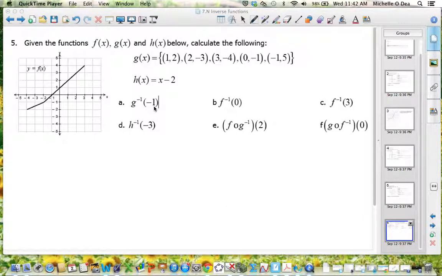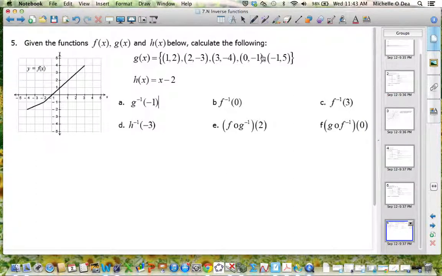So what you need to think about, we'll go to the g function. This is the original function, not the inverse function. And remember, because you swap the x's and y's, for the inverse that represents the x, but for the original function that would represent the y. So we need to find -1 in our y's for the original function.